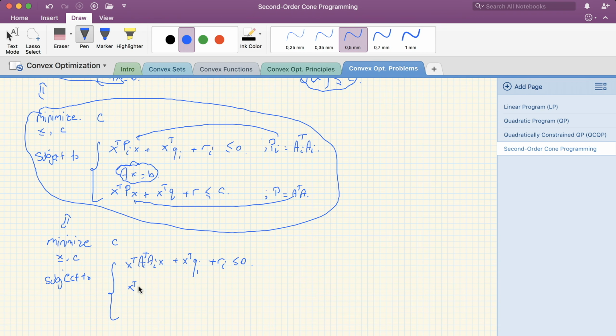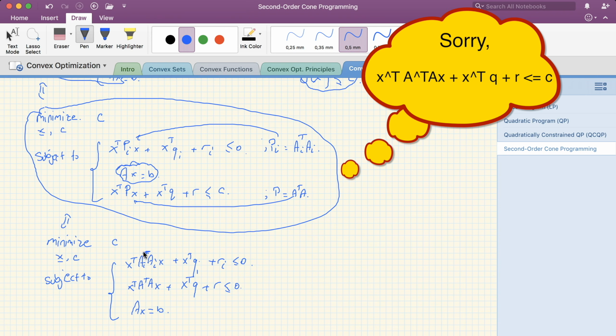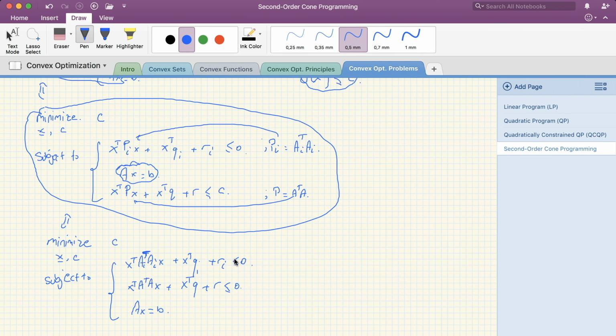And x transpose A transpose Ax plus q transpose x plus r negative, and Ax is b. We're getting closer and closer to an SOCP. Now, we need to see where the norm is going to pop up. Note that the norm of an SOCP constraint Ax plus b, if we square it, it looks like this.